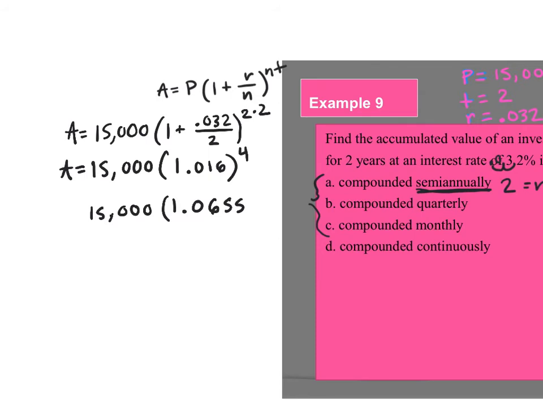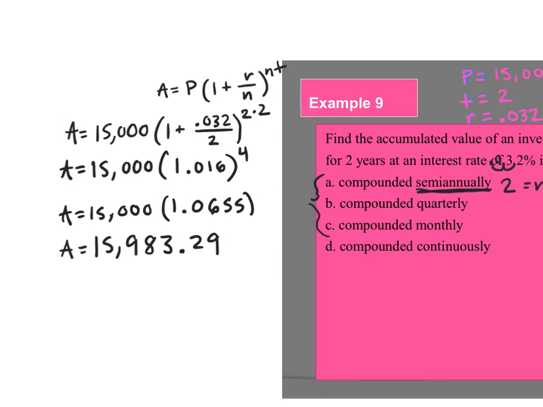If we were to write this and only take 3 decimal places, it's going to skew our answer a little bit. So it's just best to keep it in your calculator as much as possible. So I got 15,983.29. I got 0.286, but it rounds up to 0.29.